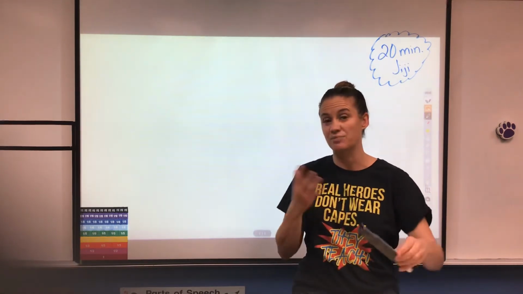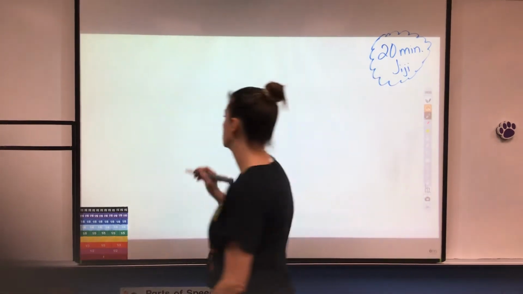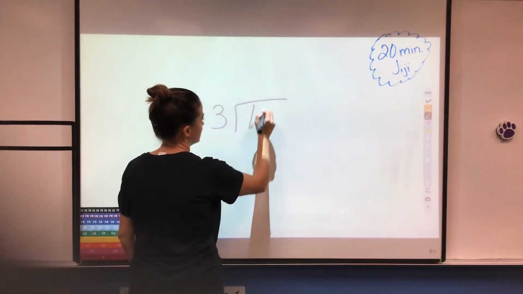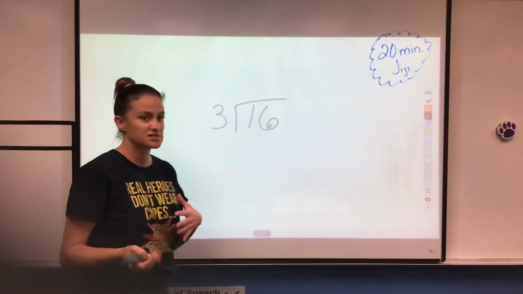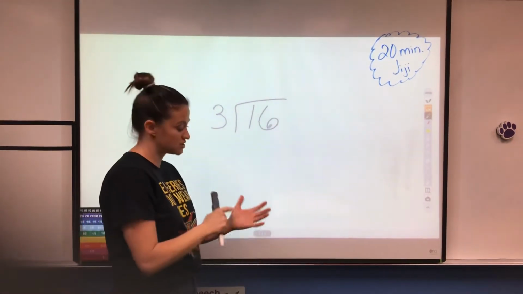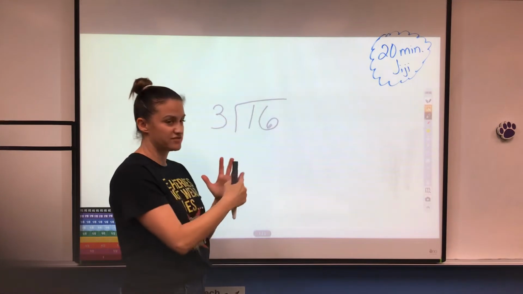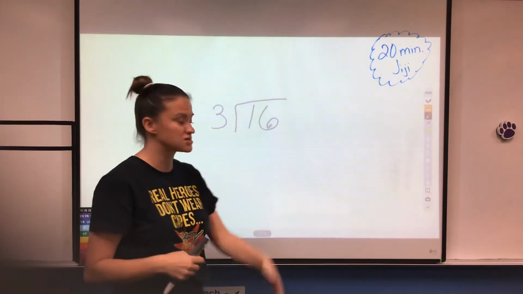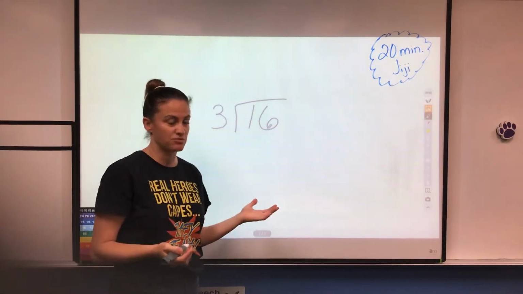I'm going to do an example problem to show you. So if I took 3 divided into 16, well, 3 doesn't divide into 16 equally, because you can say 3, 6, 9, 12, 15, 18. There's no 16 when you're skip counting by 3s. It's not in the fact family of 3.